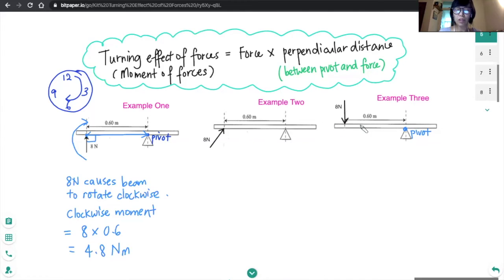So just imagine, how will the beam actually rotate? It will rotate this way. And this means that it is an anti-clockwise moment. So the 8 Newton produces an anti-clockwise moment. So it causes the beam to rotate anti-clockwise.